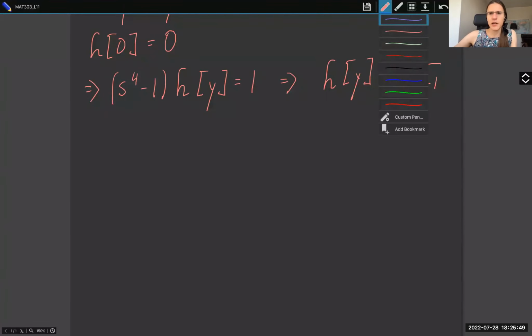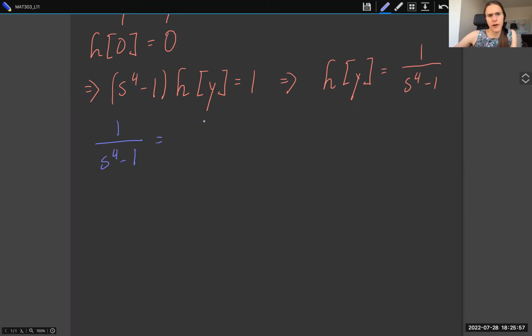But if we look at the expression 1 over s to the fourth minus 1, this can be a difference of squares. So we get s squared minus 1 and s squared plus 1. So this is a fourth order polynomial, but it's one that's very easy to factor.